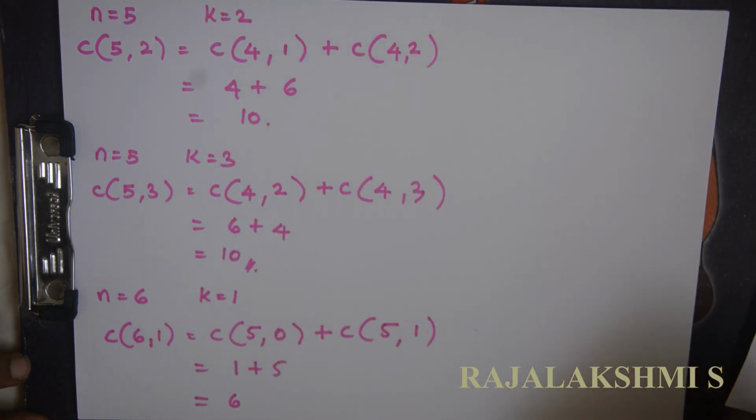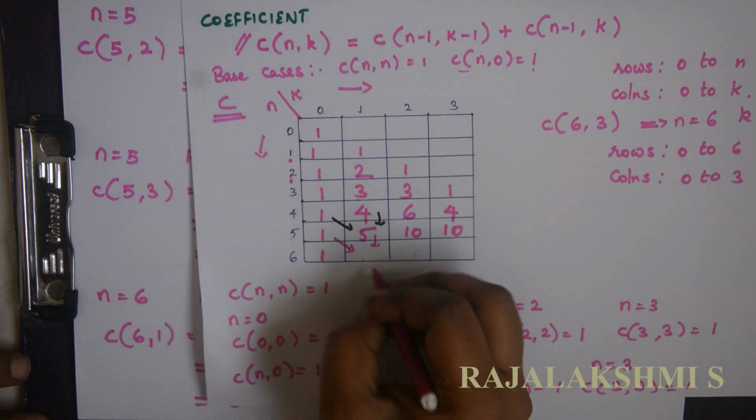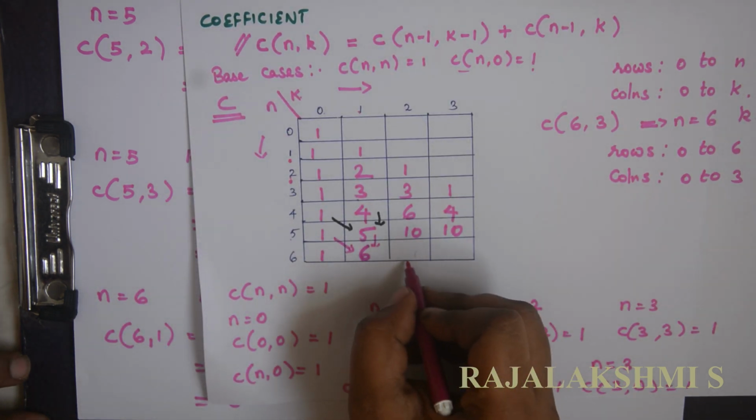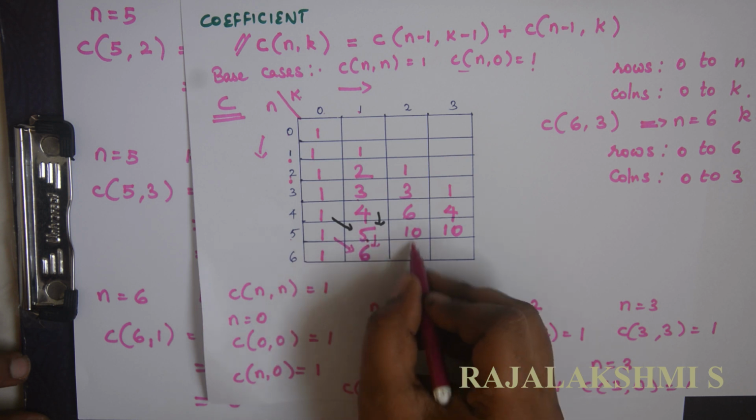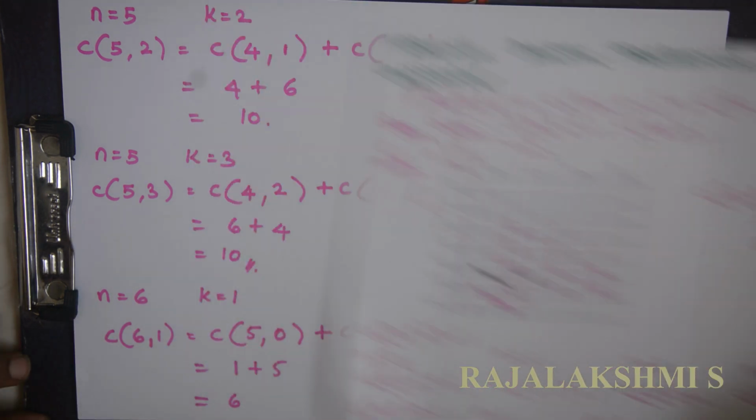So now the next thing we should find is, C of 6 comma 1 is 6, right? So if we want C of 6 comma 2 we should add this 5 and this 10 to get the value here. So it should be 15. Let me check with the formula also.